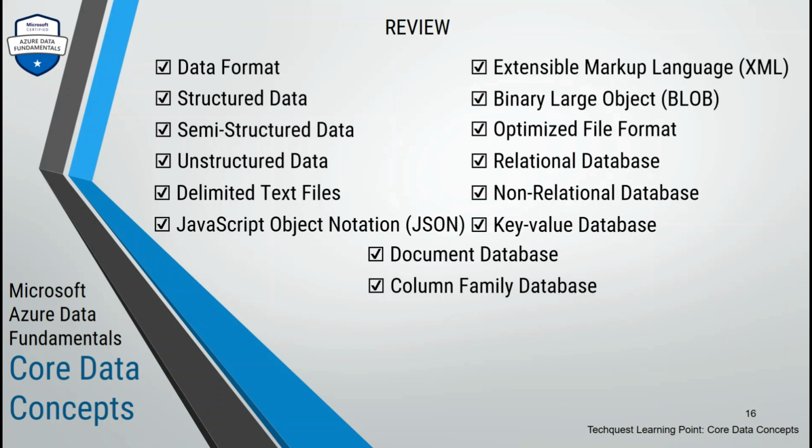Each column family holds a set of columns that are logically related together. Graph database. A graph database is a non-relational database which stores entities as nodes with links to define relationships between them.